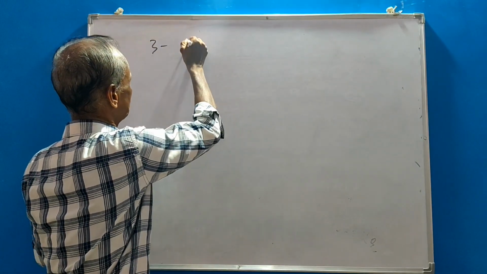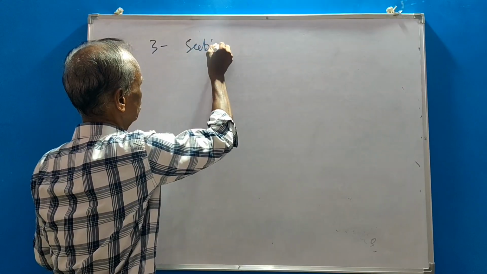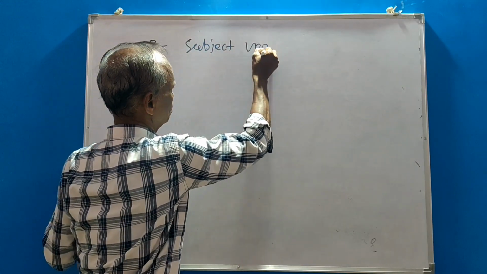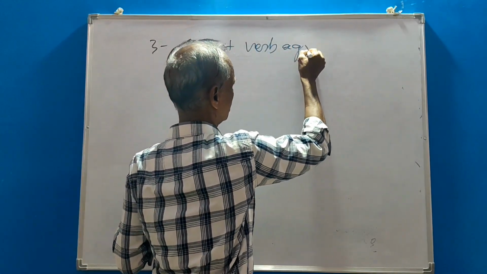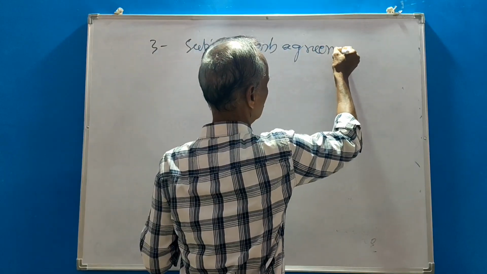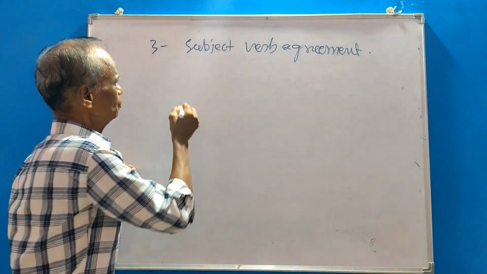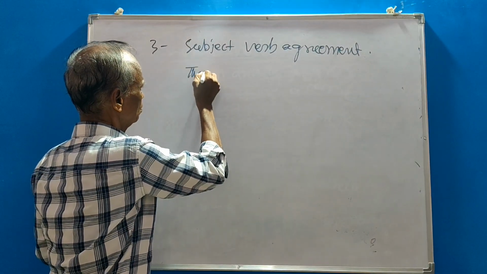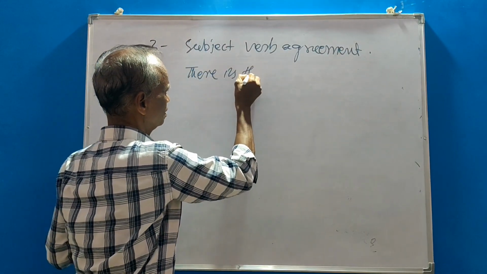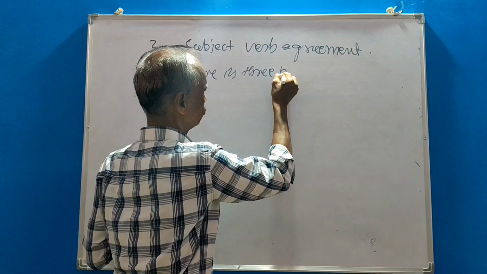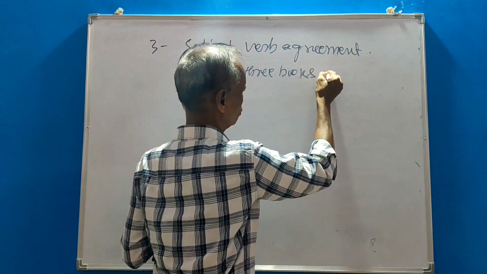Subject verb agreement. Subject verb agreement. Okay. For example, there is 3 books on the table.